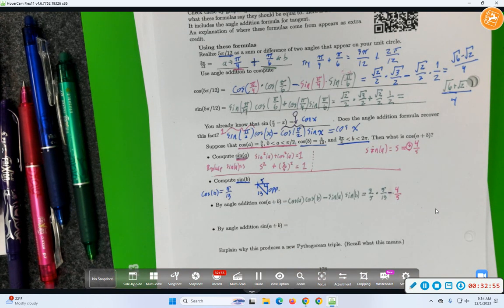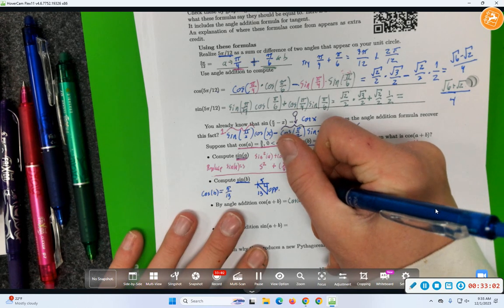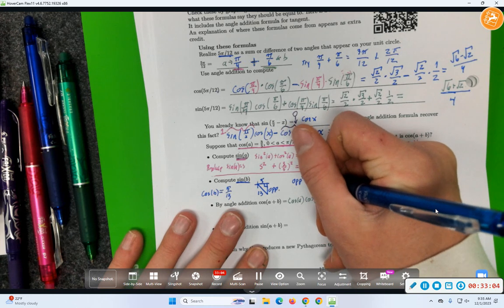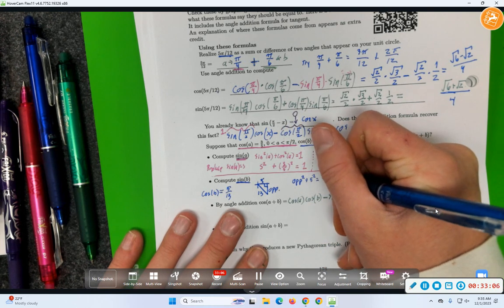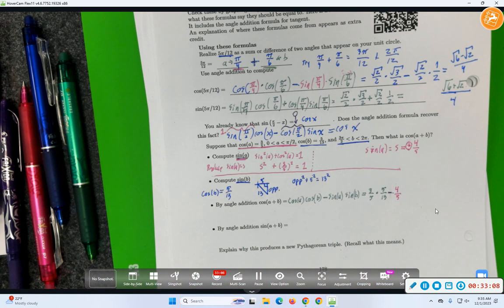Could I use this to figure out the opposite side? Yeah, right? I will see opposite squared plus 5 squared equals 14 squared. Cool. In looking at that, does anyone recognize what the opposite side length is going to be? I hear 12. And right, 12 squared plus 5 squared is 14 squared.